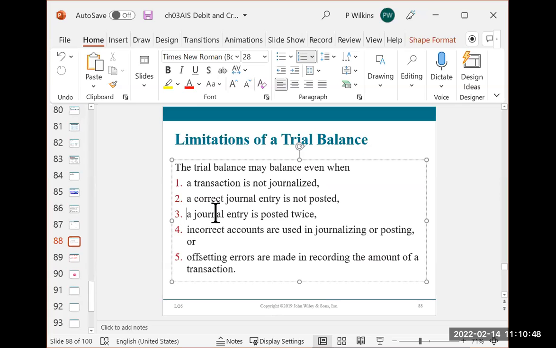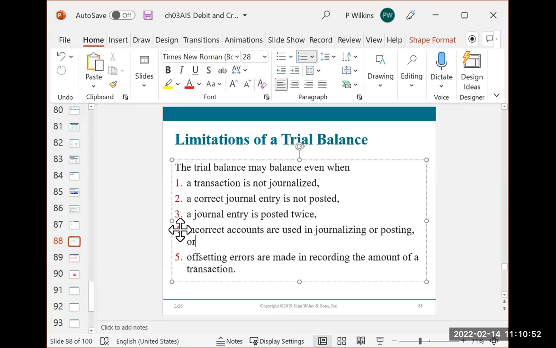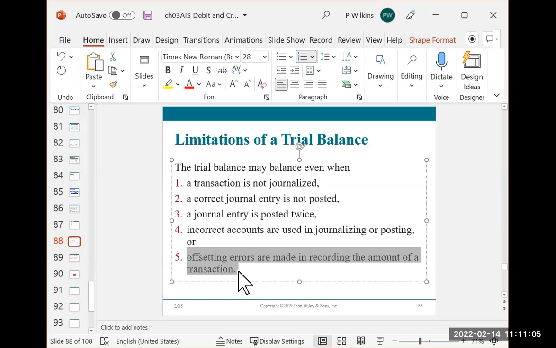If you do a journal entry twice, the debits and credits are still going to equal. If you use the wrong accounts, but you debited something and credited something equally, it's still going to equal. And if you have offsetting errors, like if you accidentally overpost something $25 and underpost something another $25, okay?